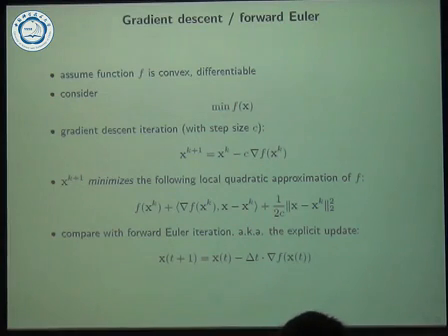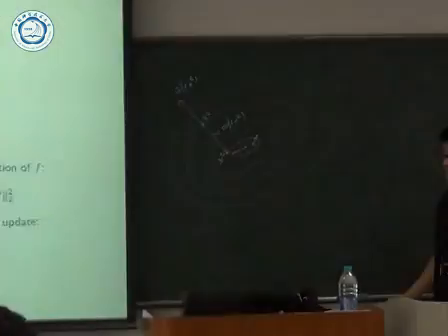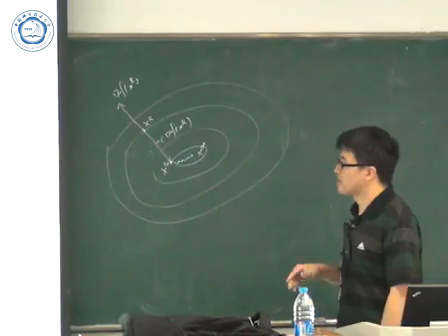Now you move along the negative gradient direction for a certain step size, and you move to this point. This is your new point. You keep doing this, probably doing something like this and this. Finally, you'll get there under some conditions.